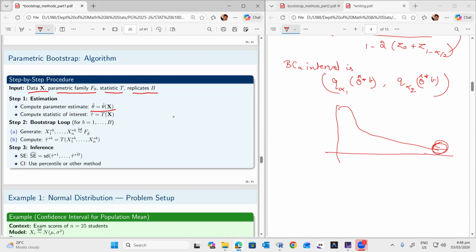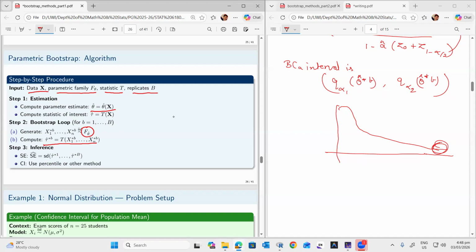After that, we apply the bootstrap loop from 1 up to capital B, and generate the random sample from the fitted distribution f theta cap, and compute the bootstrap statistic. All right. And then we compute the other inferences here.